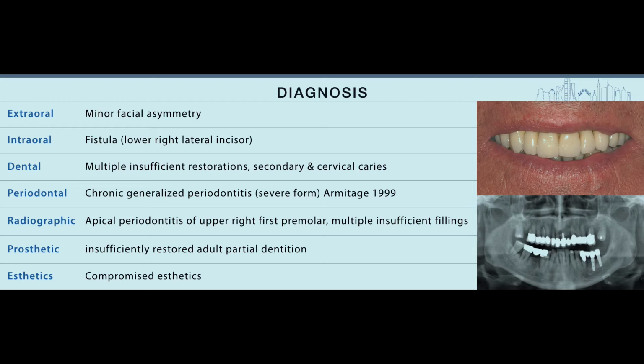Periodontal, we can go to the classification of Armitage, and we can denote it as a chronic generalized periodontitis in severe form. We have apical periodontitis in upper right first premolar and multiple insufficient fillings. Root canal treatment, of course. We have insufficiently restored adult partial dentition. And for the aesthetics, of course, we can all agree that we have compromised aesthetics.